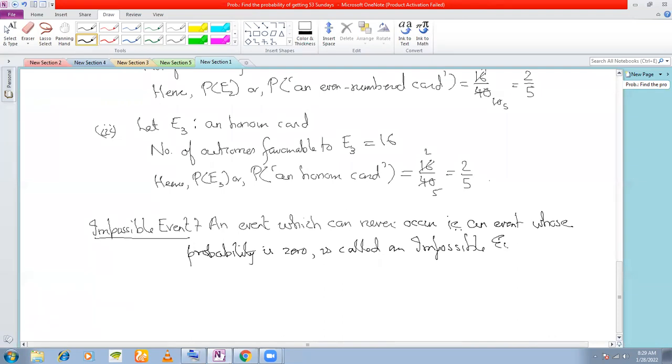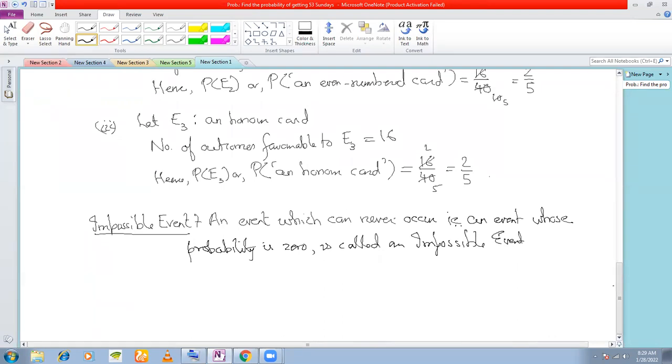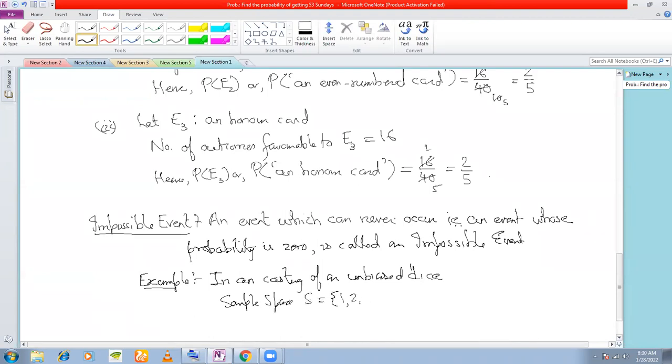Example: in the casting of an unbiased dice, what is the sample space? 1, 2, 3, 4, 5, 6.